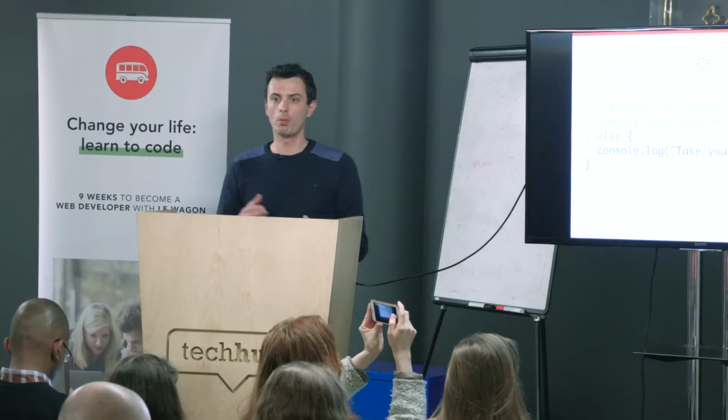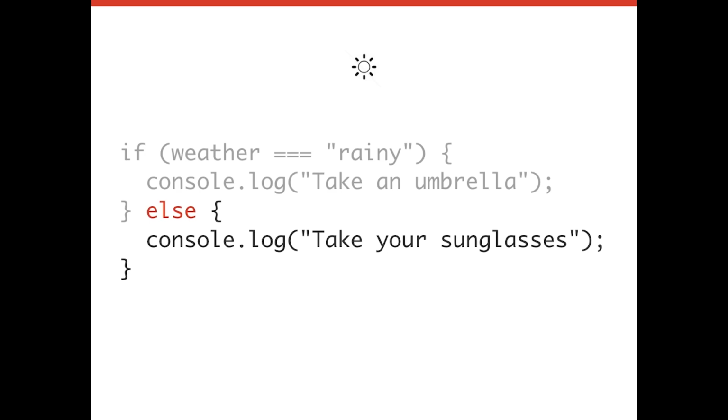Maybe you want to do something in case the condition is not true. So you will add an else statement. An else statement will be executed if the if condition was false. Okay? So let's try it out.